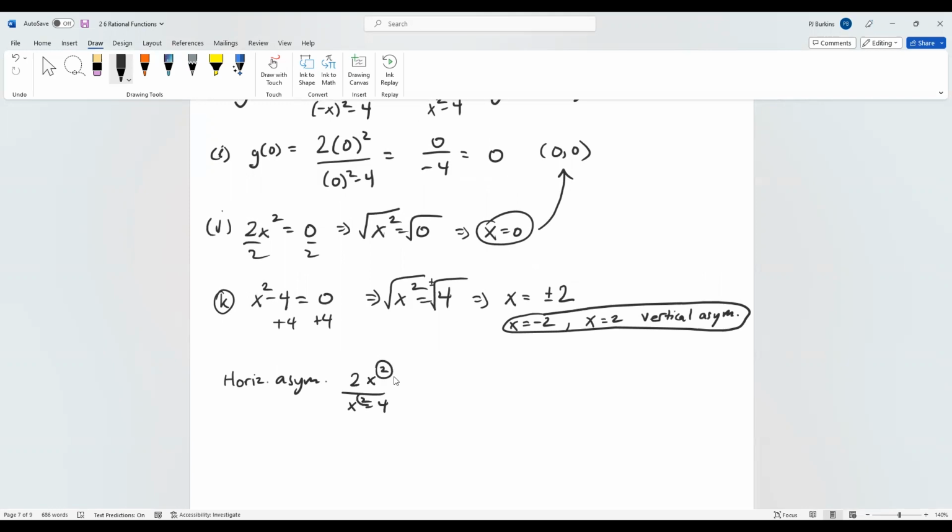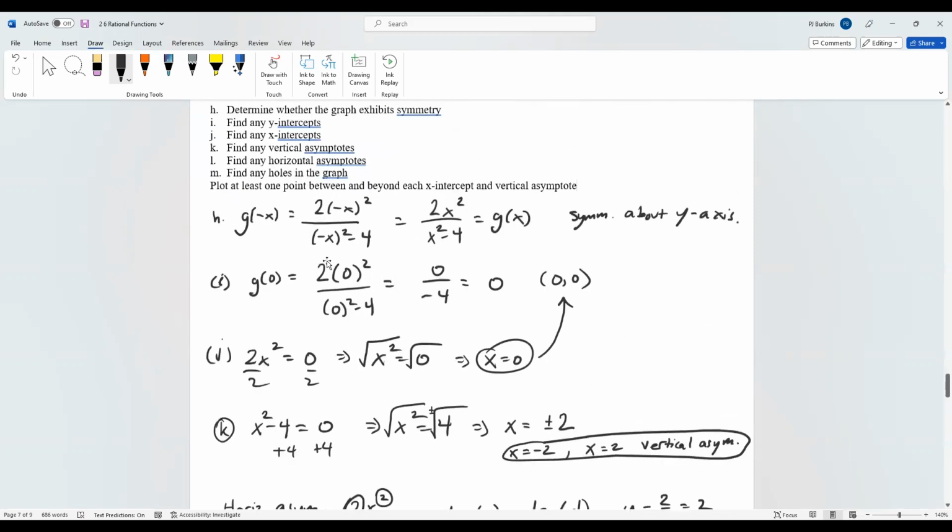The degree of the denominator is 2. So if the degree of n is equal to the degree of d, then remember the line y equals the division of the leading coefficients, right? There'd be a 1 down here, which gives us the horizontal asymptote. So it looks like y equals 2 is our horizontal asymptote. Okay.